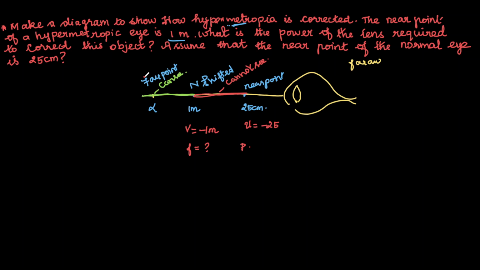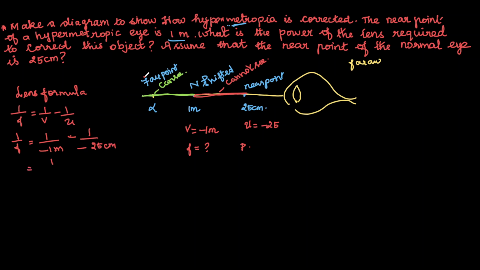By using the lens formula, 1 by F is equal to 1 by V minus 1 by U. Substituting the values, 1 by F is equal to 1 by minus 1 meter minus 1 by minus 25 centimeter. We are converting meter to 100 centimeter, so minus 100 centimeter. Minus into minus is plus, so plus 1 by 25.